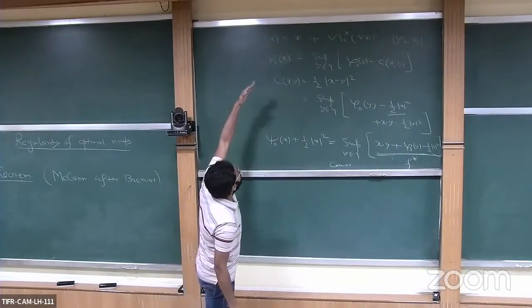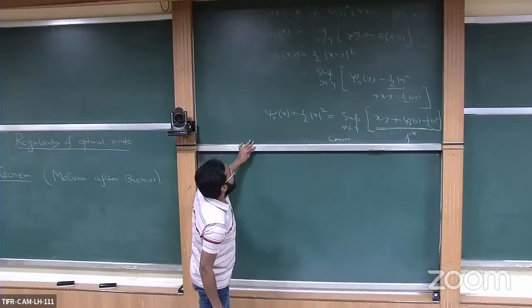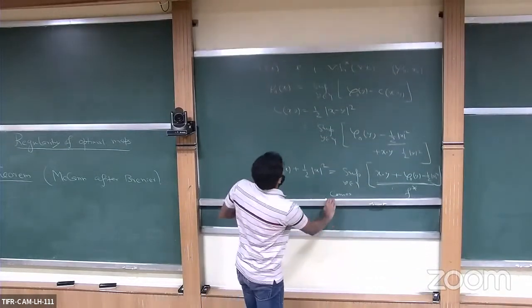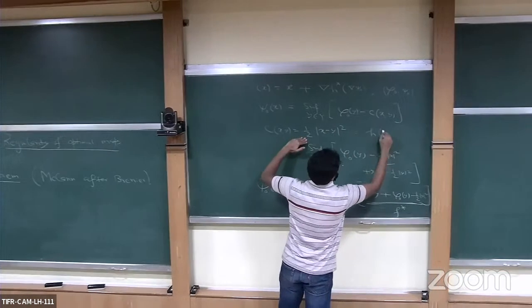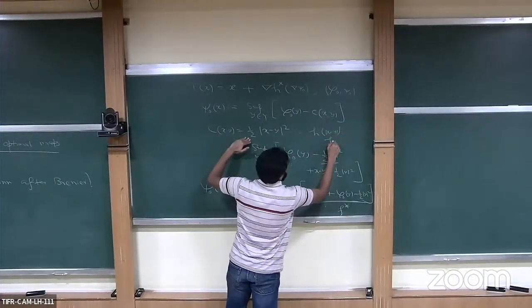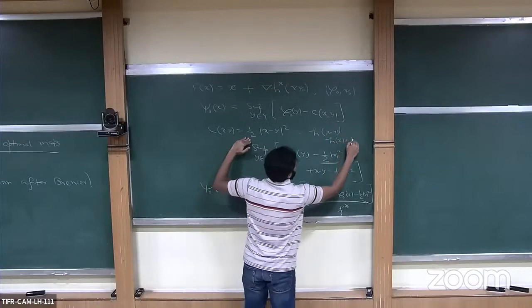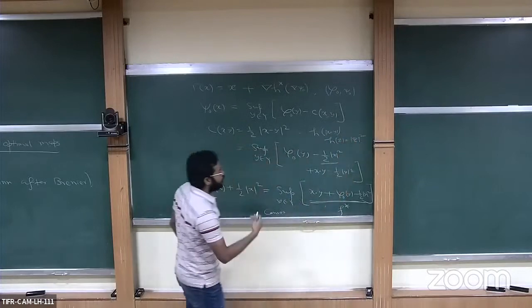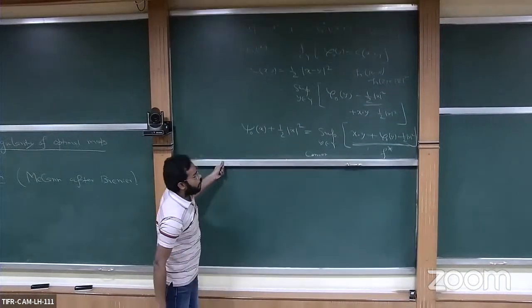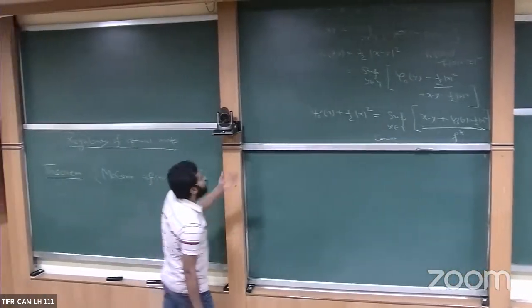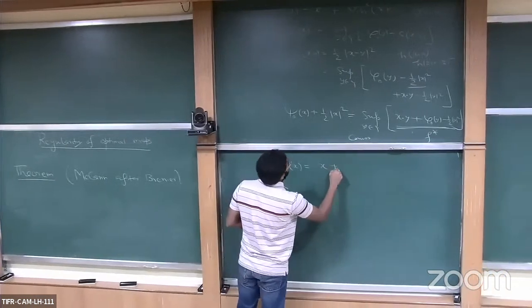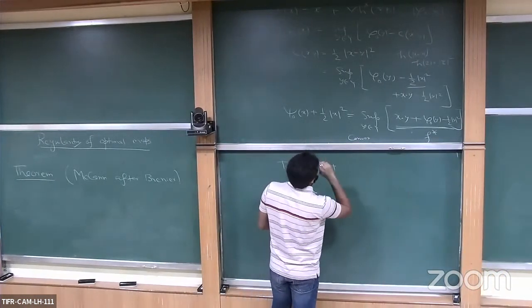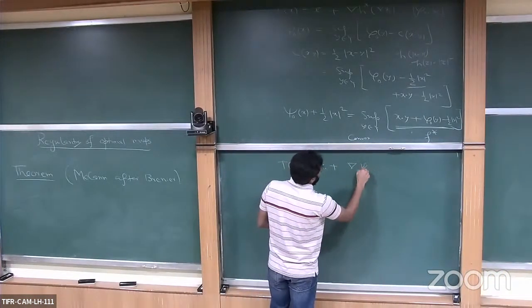Now let us go back to our original T of x. Here h of z is just mod z squared, right? So it's convex, and h star is also mod z squared. So if I write down the optimal map, this is x plus gradient of h star, so this is gradient of phi naught, right?